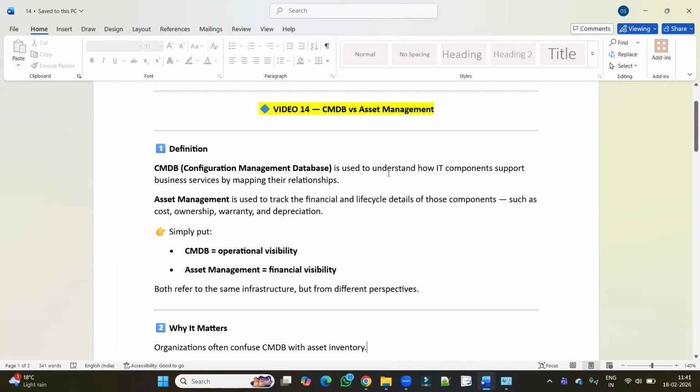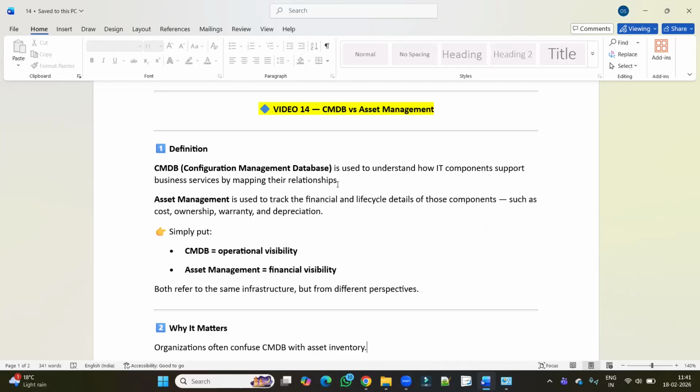CMDB is used to understand how IT components support business services by mapping their relationships. So, in CMDB, we have CIs, and the most important thing about CMDB is the relationship between CIs.